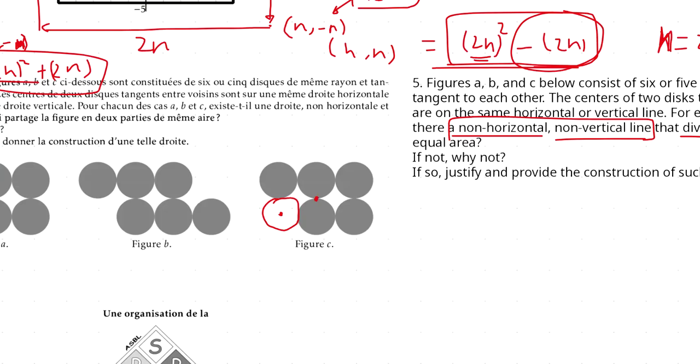So if we just connect these 2 points, this line is the common line which splits the 6 circles into half and splits the 1 circle into halves. So the area of this part is the same as this part, because the line goes through the center of the white circle.